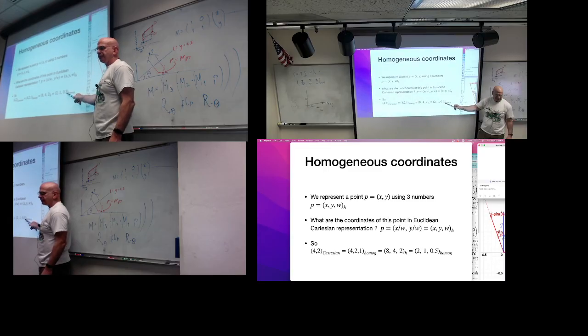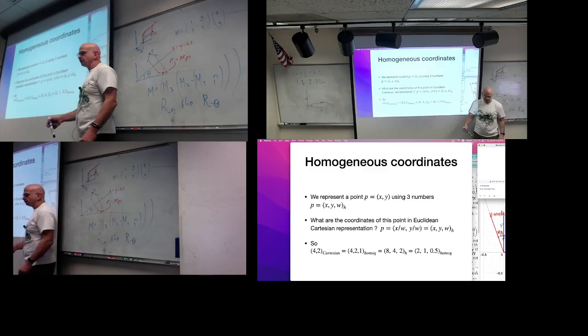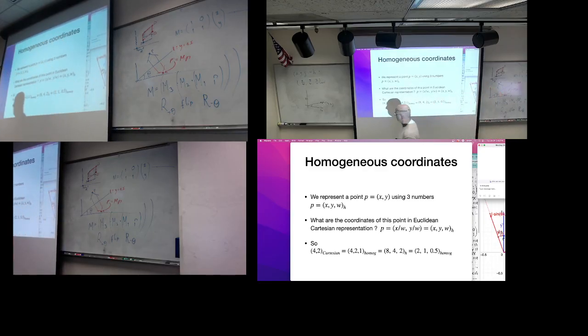Still the very same point, right? Because 2 divided by 0.5 makes it 4. So the very same point P, that's in Cartesian, I can write as 2, 1, and 0.5 in homogeneous coordinates.